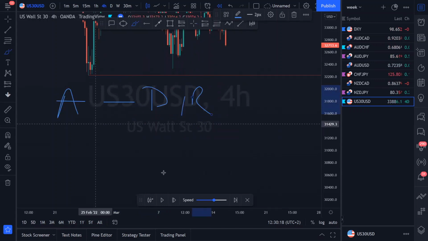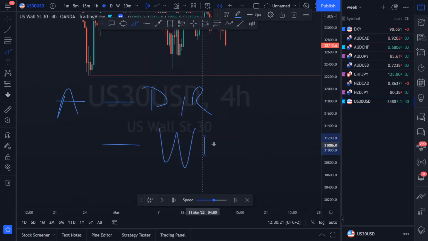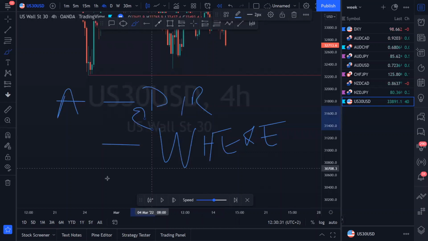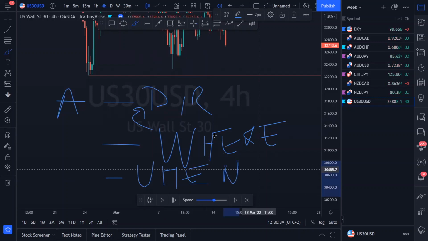Once we know which direction, we then need to know where to trade, or where we will be looking for those trading opportunities in this direction. Once we know which direction and where, we need to know when to execute our trade, so basically when to enter. So all three things we need to know, guys: a directional bias, where we're going to find a trade in that direction, and then when to execute.